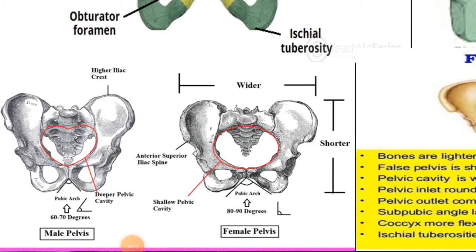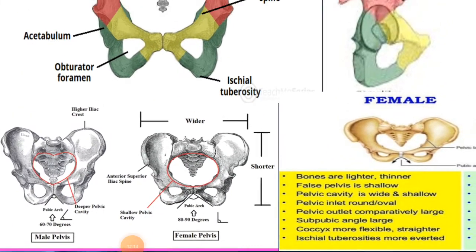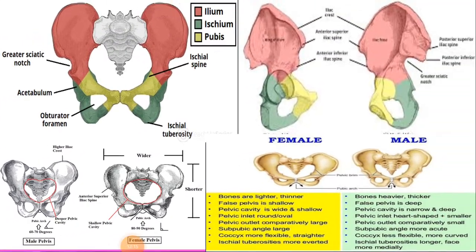We call it the subpubic angle, and the subpubic angle is acute in the male pelvis. The subpubic angle is greater than 90 degrees in the female pelvis, and it is lesser than 70 degrees in the male pelvis.